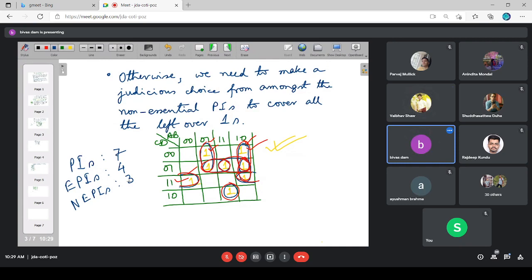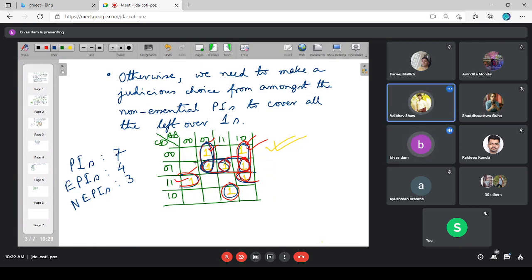Okay. I have a question. Go. Sir, if we cover all the ones already in the essential PIs, we have to cover them again, meaning all the possible outcomes for PIs. This is the logic which you have learned in class 2 courses. That's totally wrong concept. When you are at a particular level, you have to venture for all possibilities. So how can you know that first you will be going for this one instead of this one?